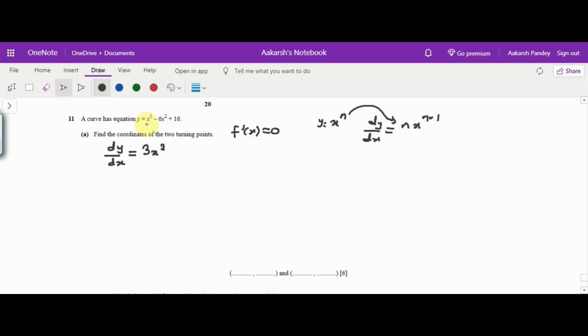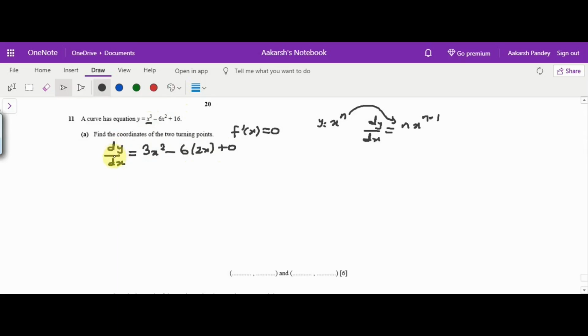And because I have individual terms, as in I have a plus or minus sign in between, I can differentiate each and every one separately. So I get the differential of x cube as 3x square, minus, the coefficient will remain as it is, the differential of x square is 2x, and the differential of a constant is 0.